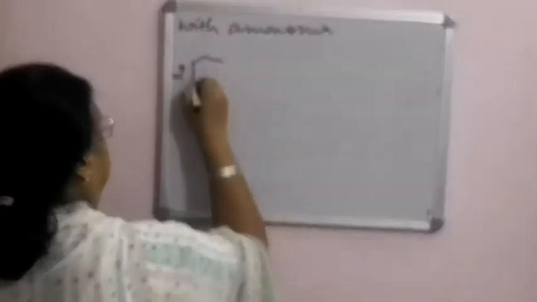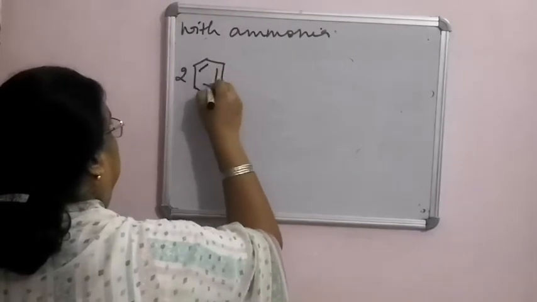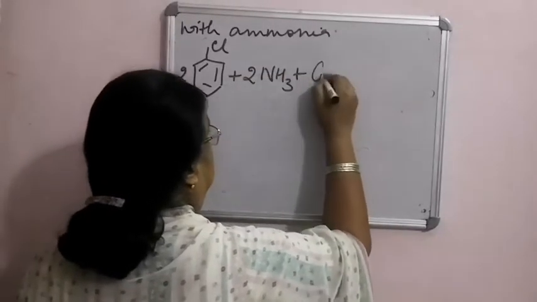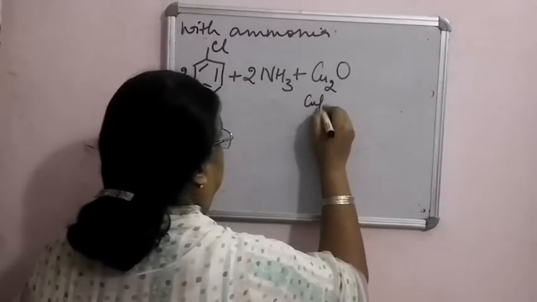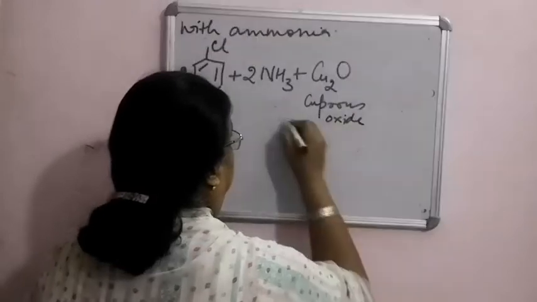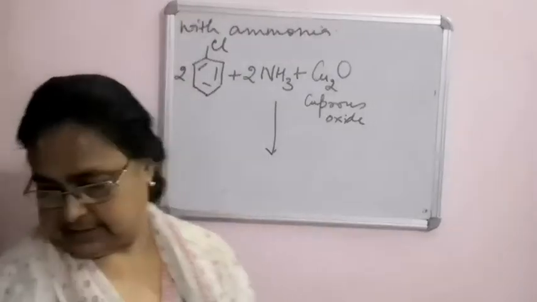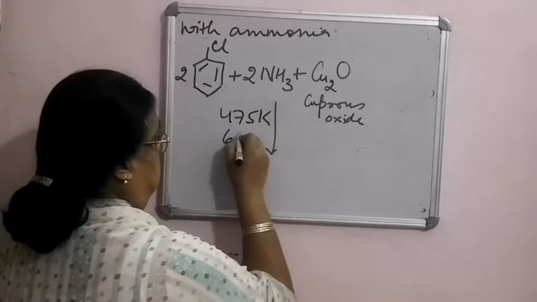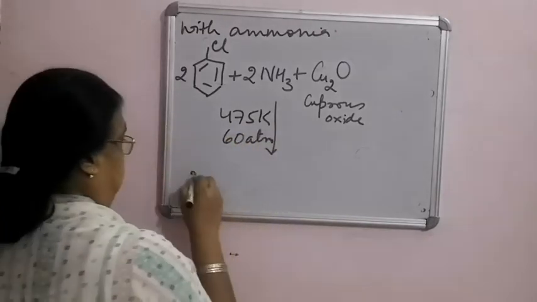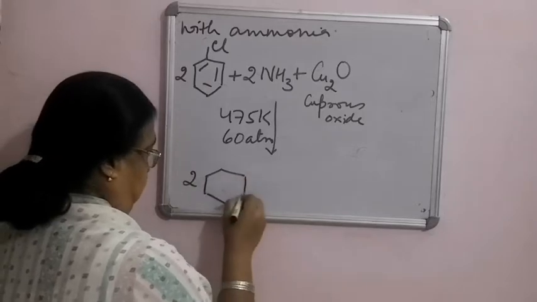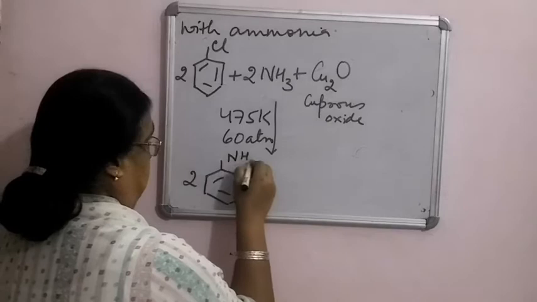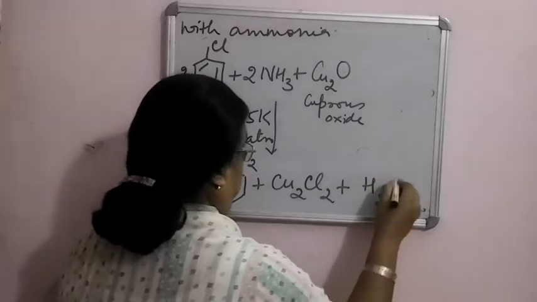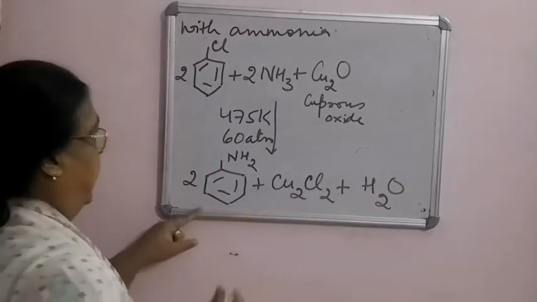Chlorobenzene, 2 molecules, combines with 2 molecules of ammonia and cuprous oxide at drastic conditions, 475 Kelvin temperature and 60 atmosphere pressure, and we get 2 molecules of aniline and cuprous chloride, Cu2Cl2, and H2O. This is cuprous chloride and this is aniline.